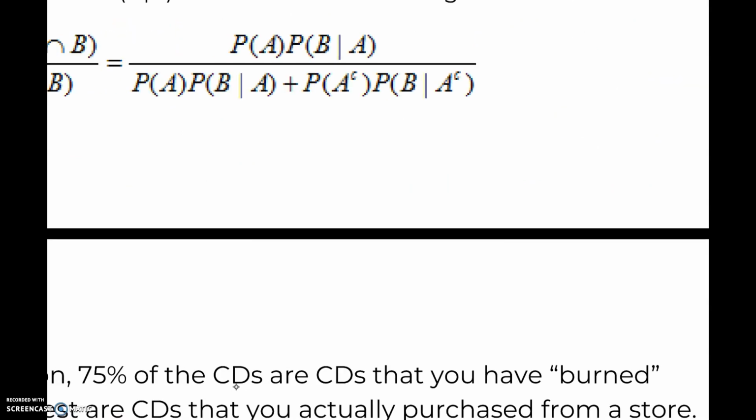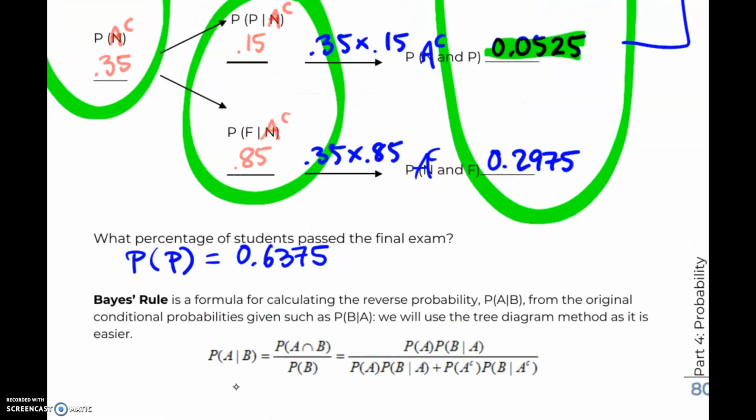So Bayes' rule down here is a formula for calculating the reverse probability. So let's say we have the passing rate given you attended a study session, but you want to know of the people who passed the test, what percentage attended the study session. And so Bayes' formula is something that allows you to calculate it.